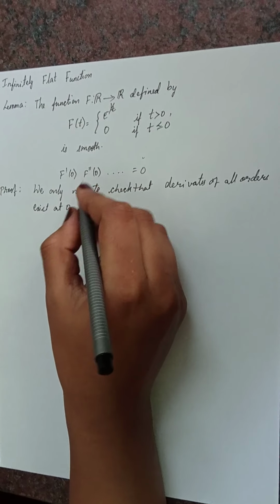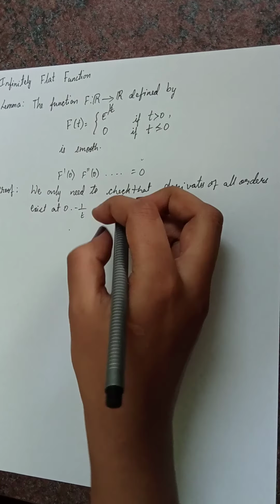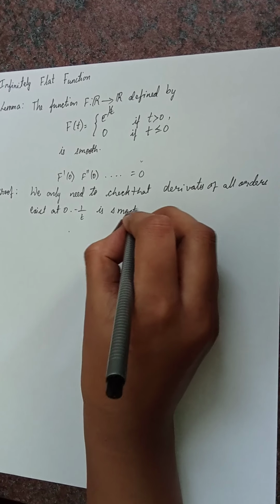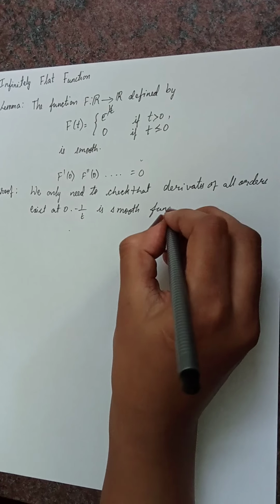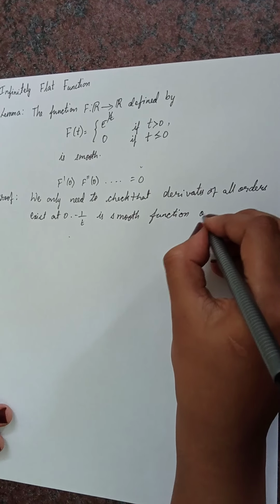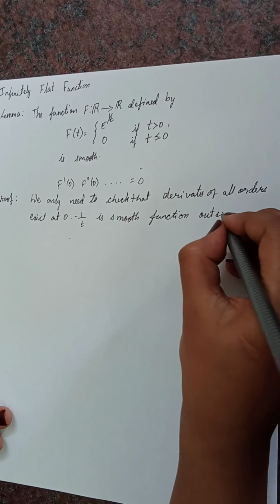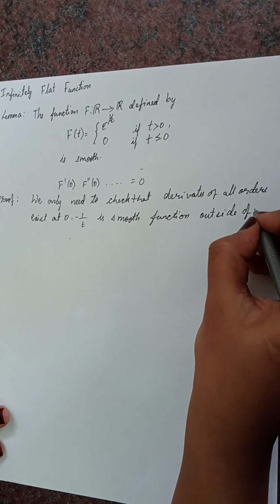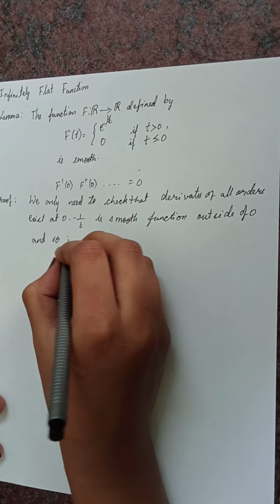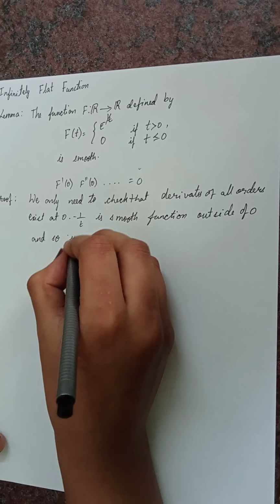Minus 1 by t is a smooth function outside 0, and so is the exponential.